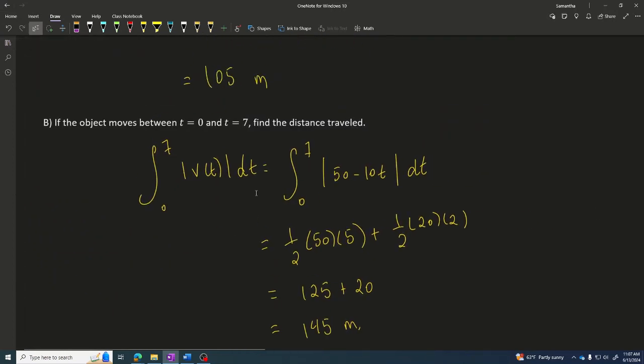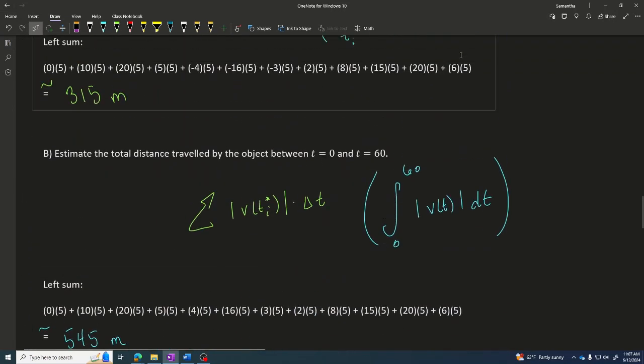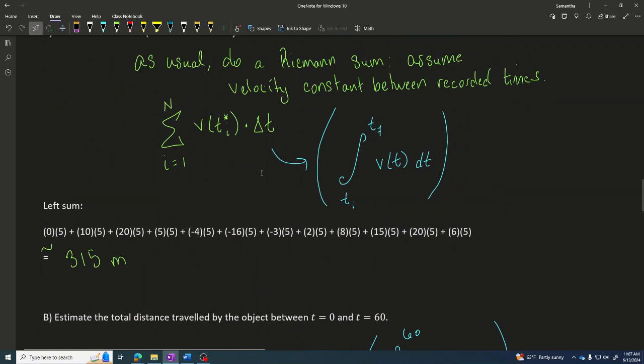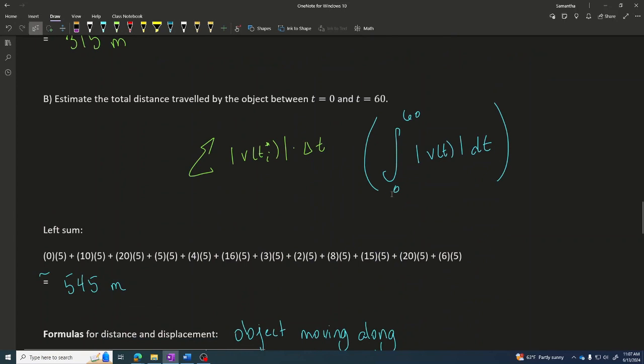In our applications yesterday, when we wrote down our Riemann sum, we got, for example, V of Ti star times delta T. So chop, multiply, and add, and then that symbolic notation became the integral of the function dt. Likewise here with the speed function, chop, multiply, and add, we had the absolute value times delta t and then the sum. And then that could turn into the integral of the absolute value of v of t dt.